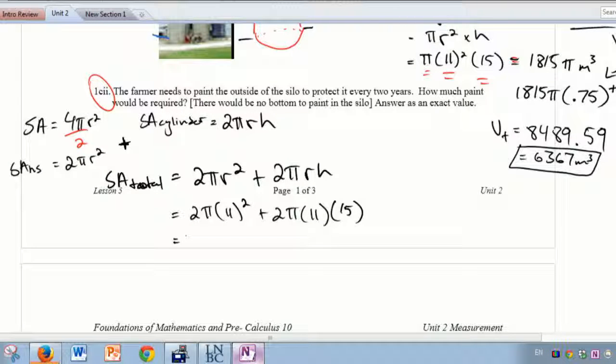I'd probably do this as 2 steps. So I'm going to get the 760, keep a couple decimal places, 26. And then I'm going to add to that 2 times pi times 11 times 15. And I get 1,036.73.